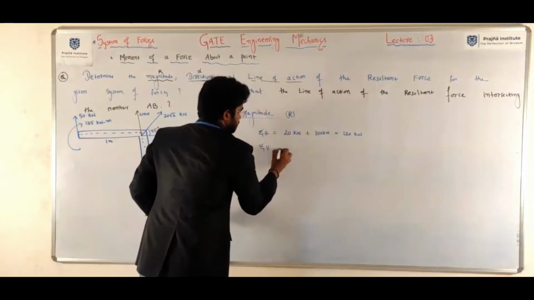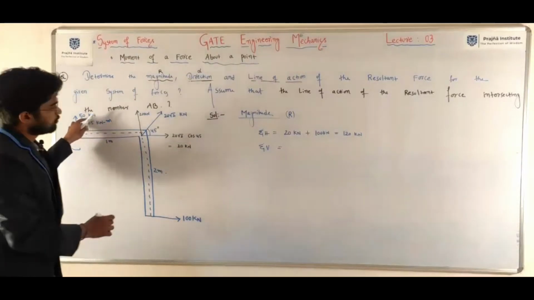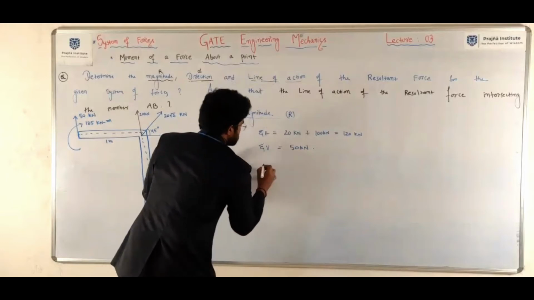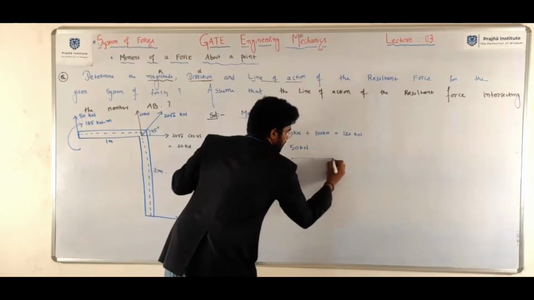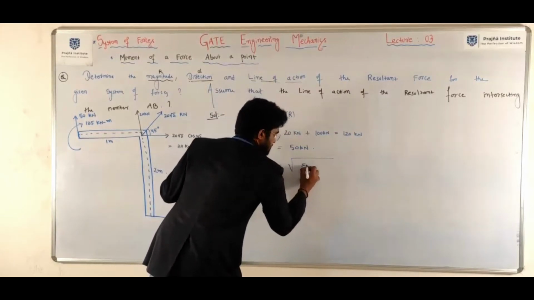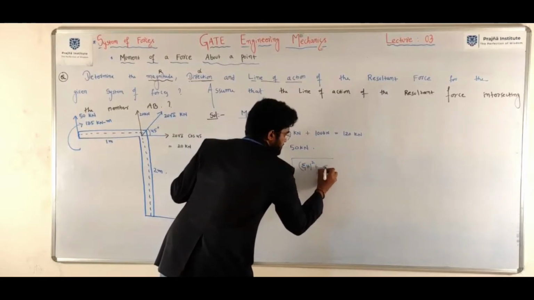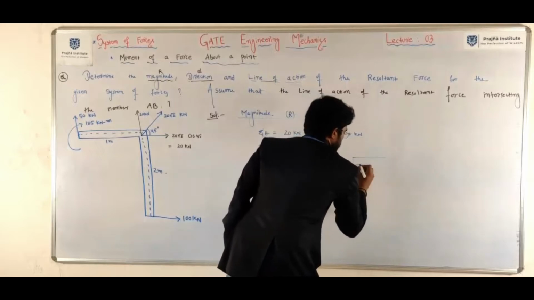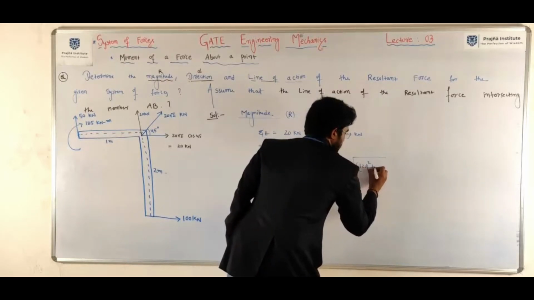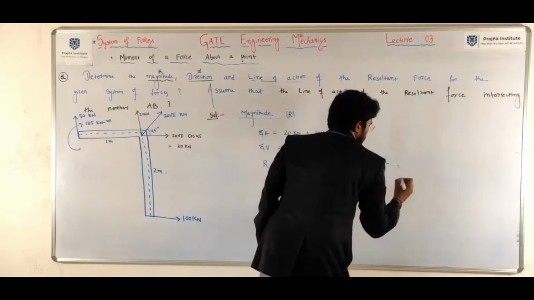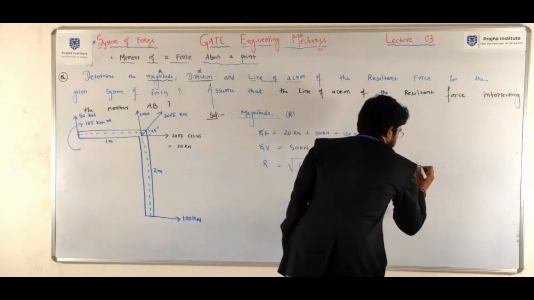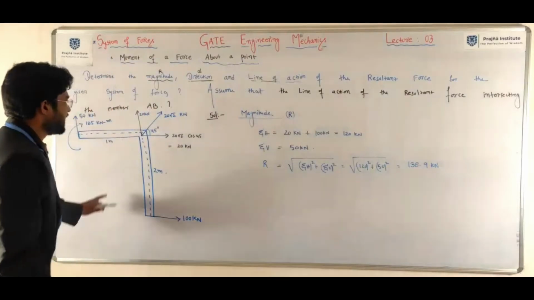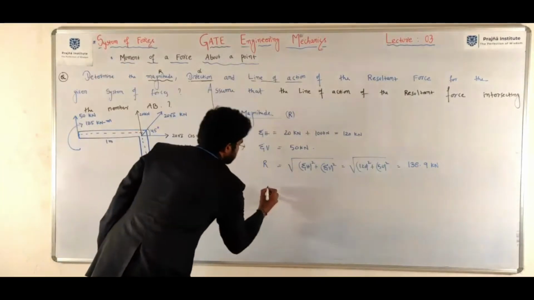Then sigma V equals this 50 kilonewton in the upward direction. What is R, the magnitude of the resultant force? R equals the square root of sigma H whole square plus sigma V whole square, equals the square root of 120 square plus 50 square, equals 138.9 kilonewton.